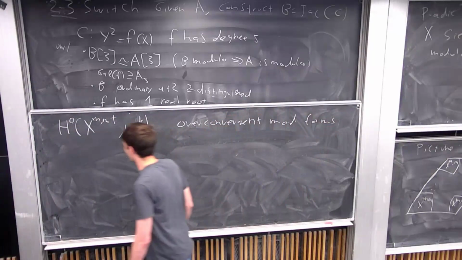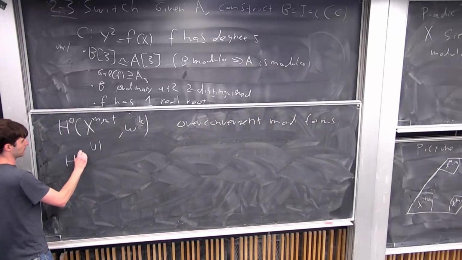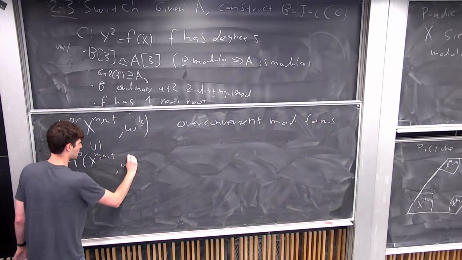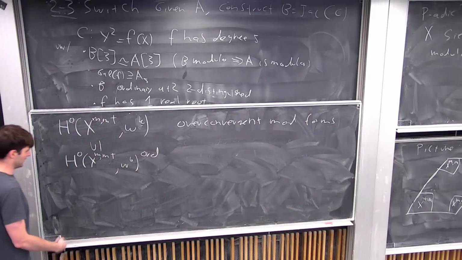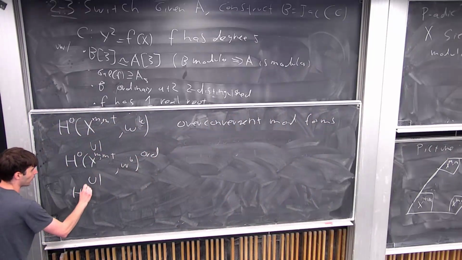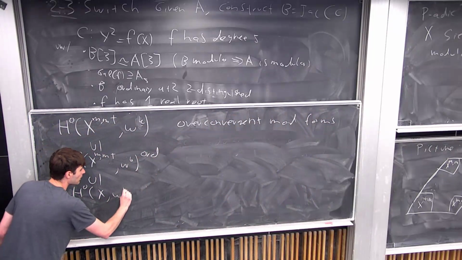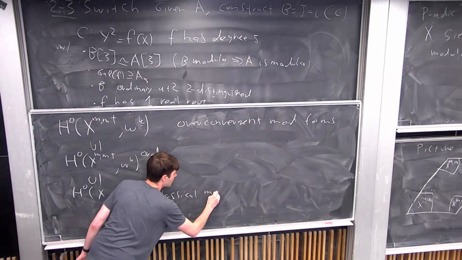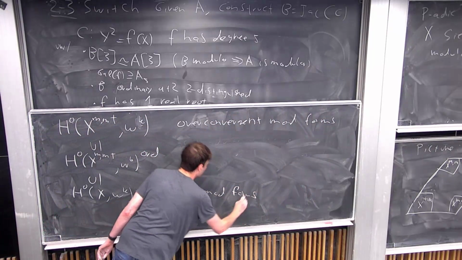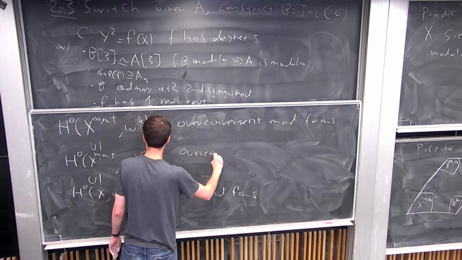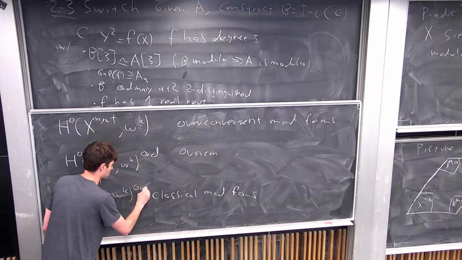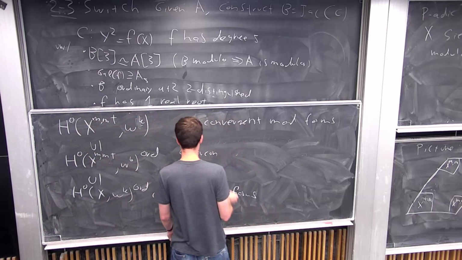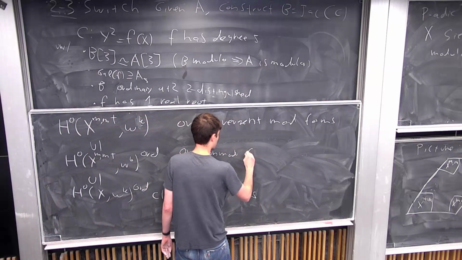And inside that, we can talk about the ordinary p-adic modular forms, which I'm just going to denote like this. And then that contains inside it the actual classical modular forms of weight k. These are classical modular forms. Also want to add an ordinary superscript. Yes, thank you. Ordinary classical modular forms.